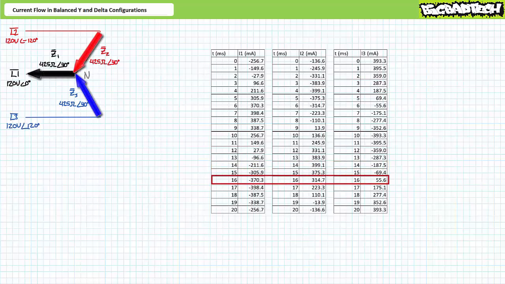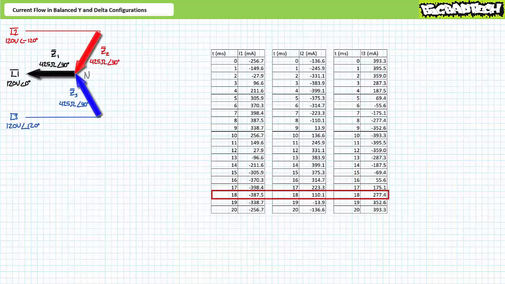At time t equals 16 milliseconds, 370.3 milliamperes is leaving the Y via impedance element Z1. 314.7 milliamperes is entering the Y via impedance element Z2, and an additional 55.6 milliamperes is entering the Y via impedance element Z3. 314.7 plus 55.6 does indeed equal 370.3 milliamperes.